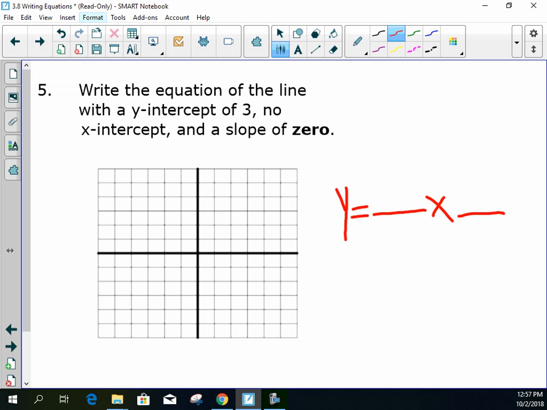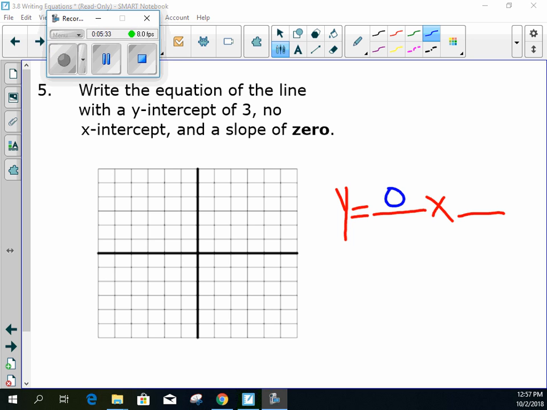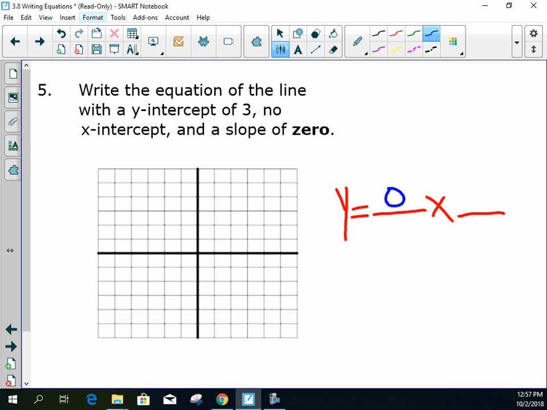Okay, so what is my slope, kids? My slope is 0. I'm sorry, what's my y-intercept? So I write plus 3. There it is. Slope of 0. Y-intercept of 3.